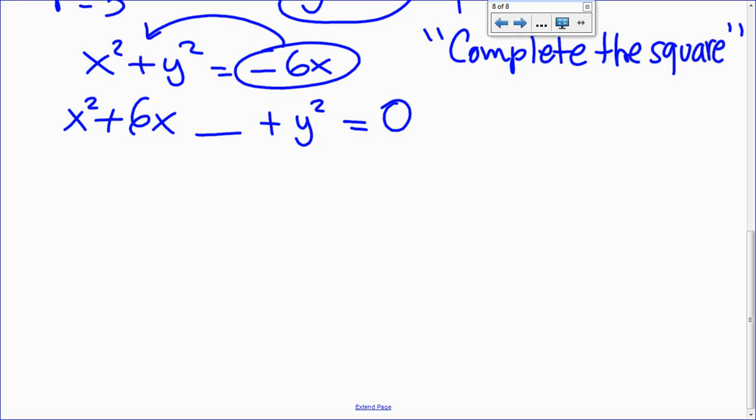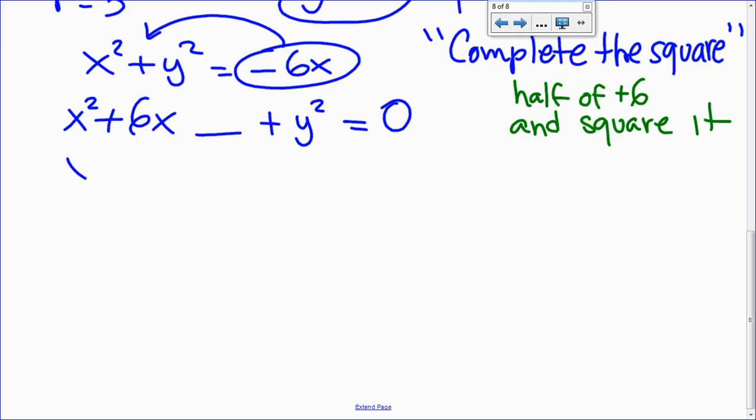Okay, now complete the square. What you do is you take half of 6, of positive 6 in this case, and you square it. So that's going to be x squared plus 6x, and half of 6 is 3, so we're going to be doing this. 3 squared plus y squared.